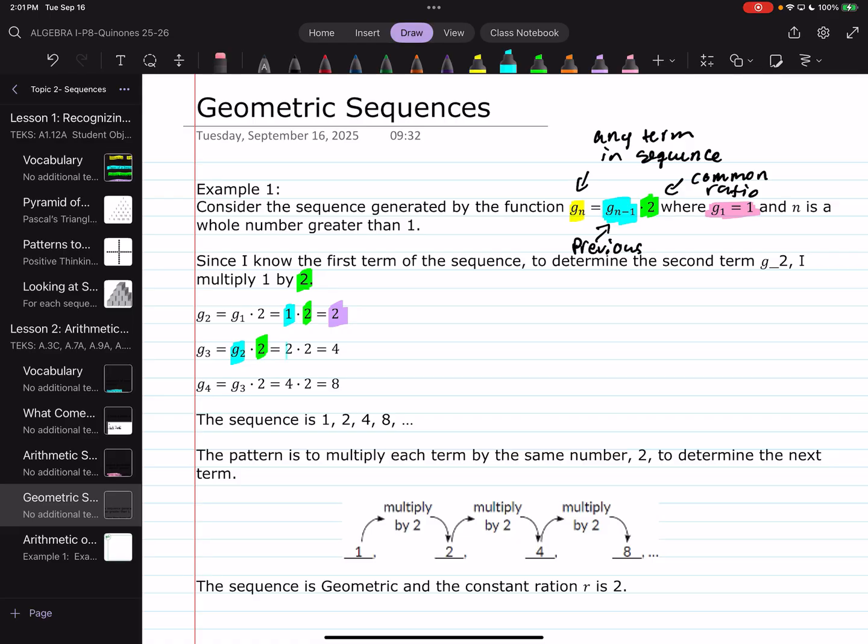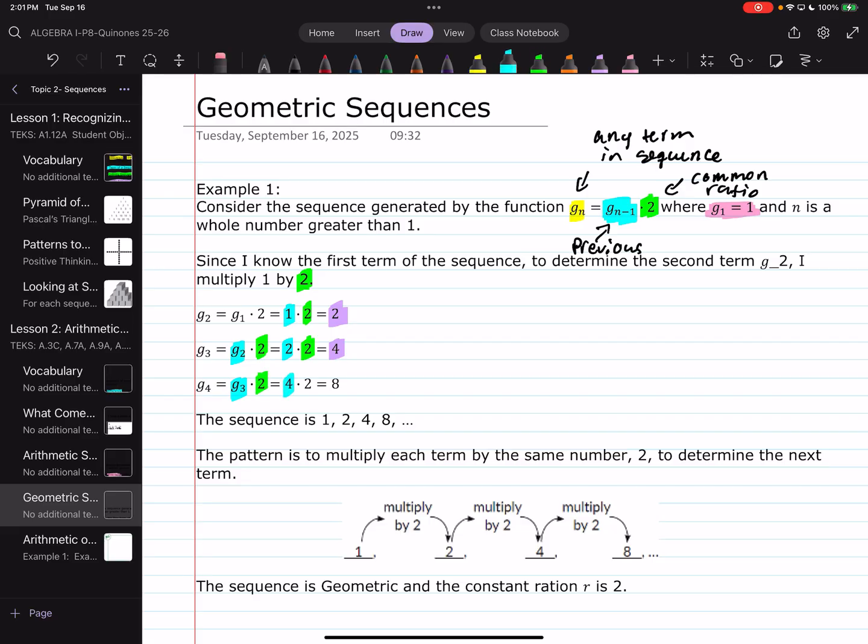So the second term in the sequence is 2. We multiply it by the common ratio. This gives us the third term of the sequence, which is 4. And again, I apologize that I am breaking it down this way. It's going to make sense on Thursday. I promise. Okay, last one. In order to find the fourth term of the sequence, we need to multiply the third term by 2, the common ratio.